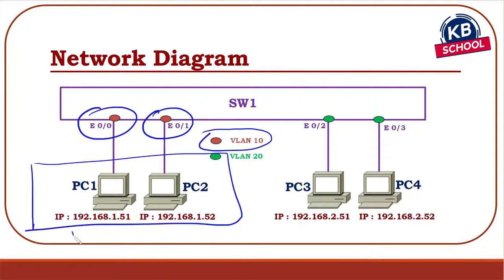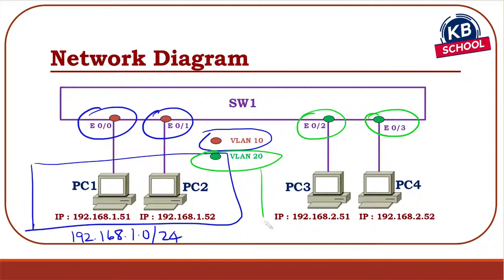As you guys can see, they are both on the 192.168.1.0 subnet. And then I have another VLAN over here, which is VLAN 20. These two ports, port E0/2 and port E0/3, are going to be put into VLAN 20. So these two ports now can communicate to each other. So 192.168.2.51 and 2.52, which puts both of them on this subnet. They can talk to each other.